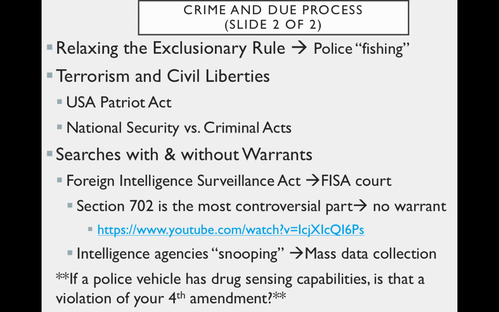Does that violate your Fourth Amendment? Should the police be able to just drive around a town and see who has drugs and who doesn't? The next question is like heat lamps or electricity bills. Does the government have the right to access people's electricity bills to see where there may be grow houses? Those are questions we can talk about in class as well.